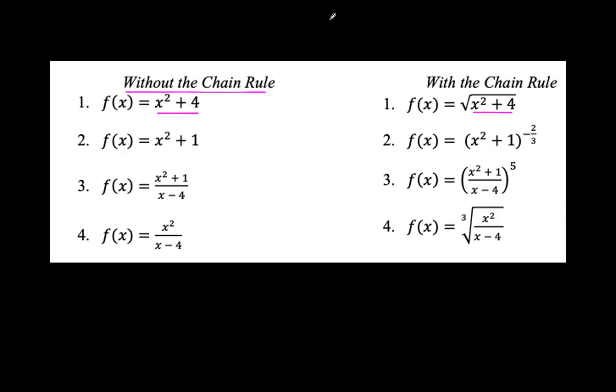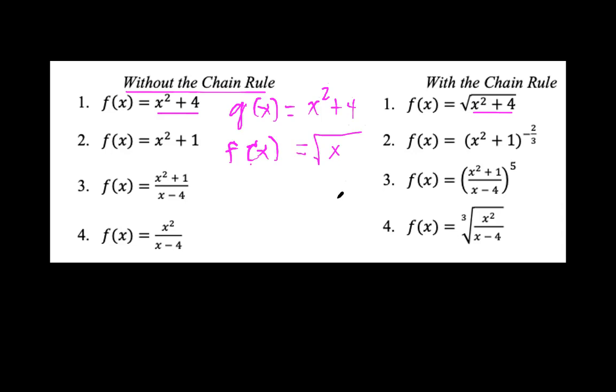So here, let me just use my pen. I could say that g of x is equal to x squared plus 4, and f of x is equal to the square root of x.